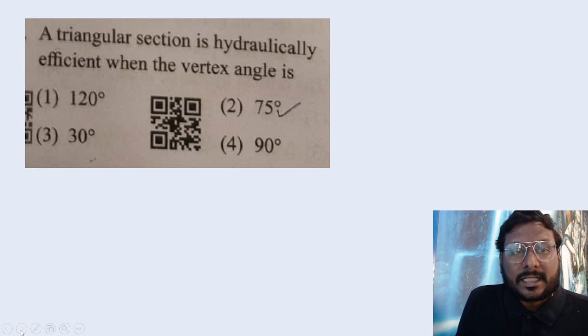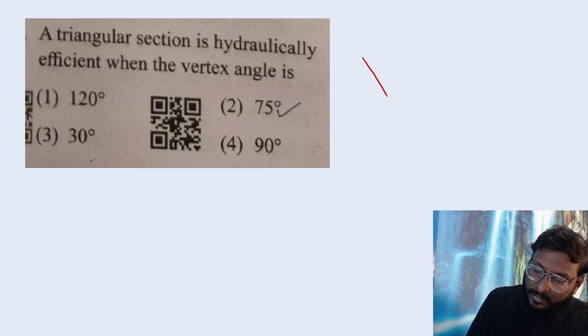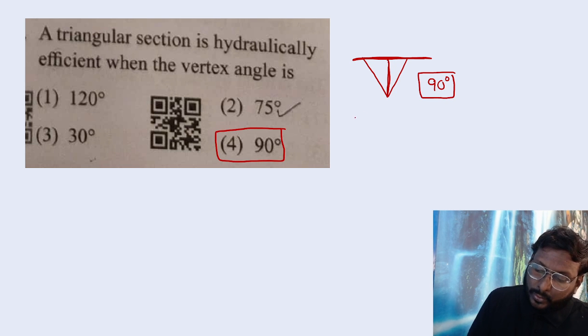A triangular section is hydraulically efficient when the vertex angle is what? Triangular section most economical for apex angle of 45 degrees, vertex angle of 90 degrees. So remember, vertex angle of 90 degrees.